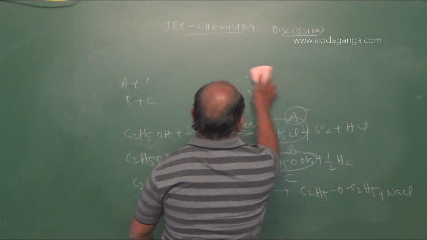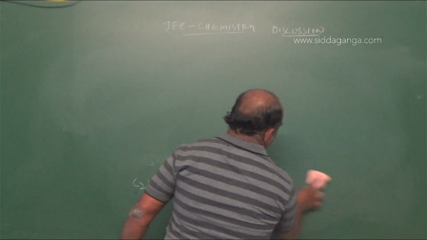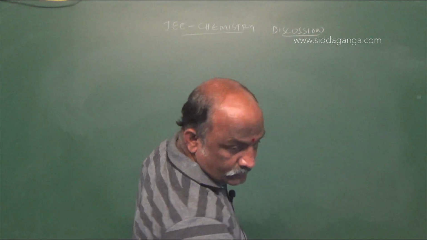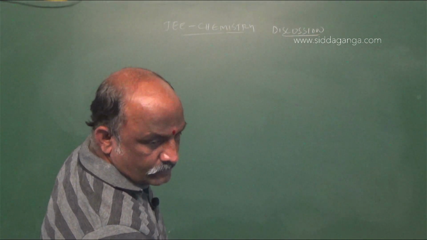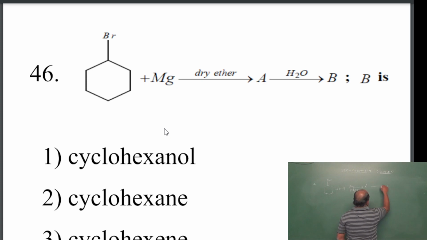Next, 46. Bromocyclohexane plus magnesium in dry ether gives A, then H2O gives B. So what is B?